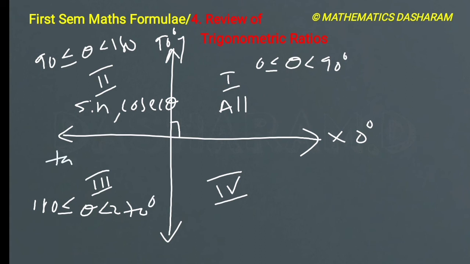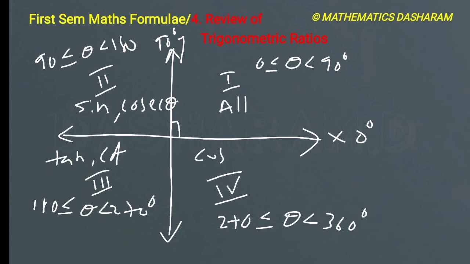Only tan and cot are positive, remaining all are negative. And coming to the fourth quadrant, the theta range is 270 less than or equal to theta less than 360 degrees. In this, only cos and sec are positive, remaining all are negative.